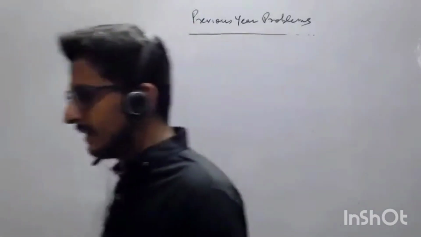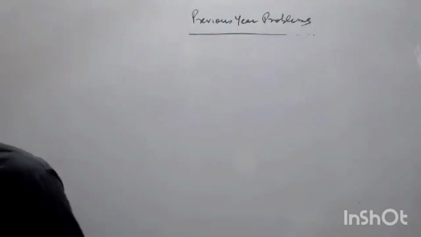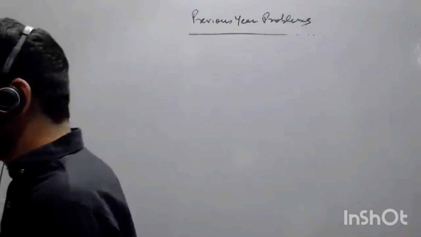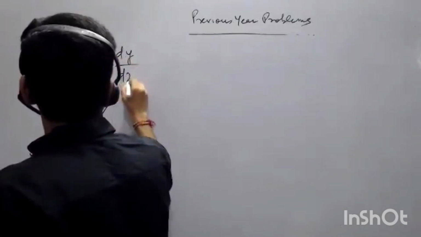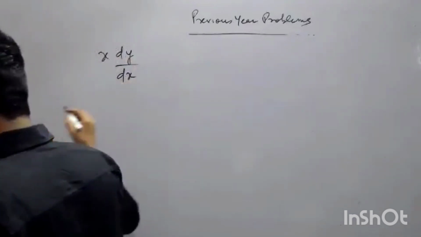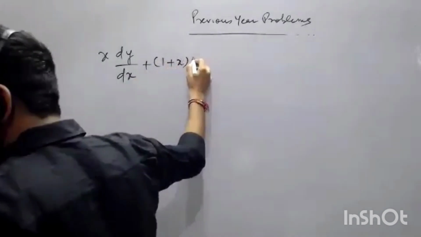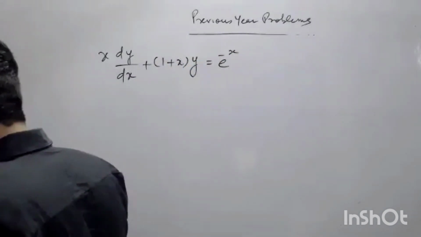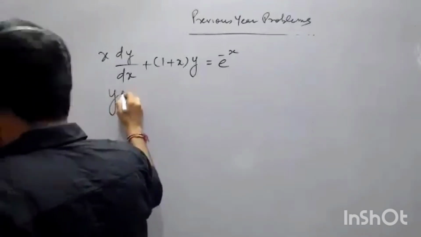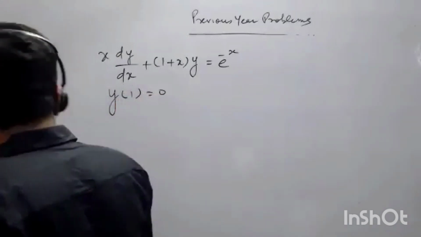So let me take the second question. Next question. That is x times dy by dx plus 1 by x y is equal to e to the power minus x, and y of 1 is equal to 0. It is given.